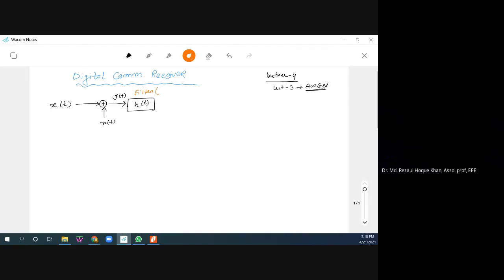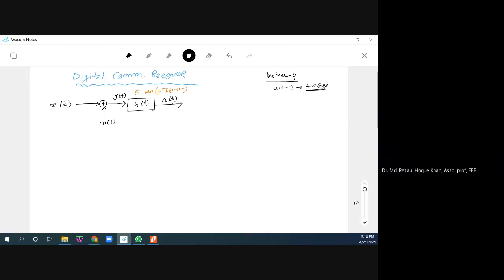This filter is for a specific system, an LTI system, a linear time invariant system. The output of this filter is r(t).